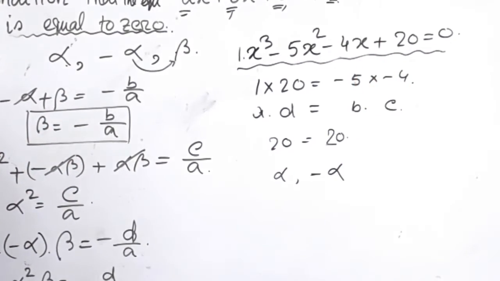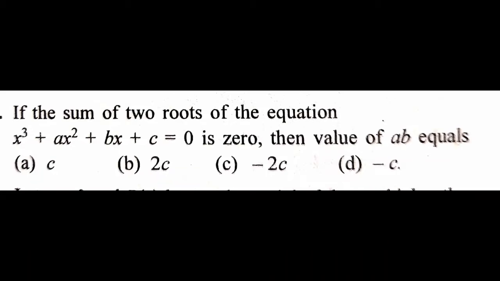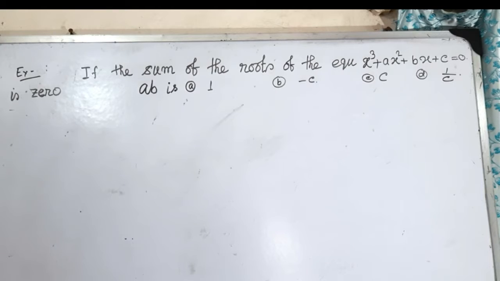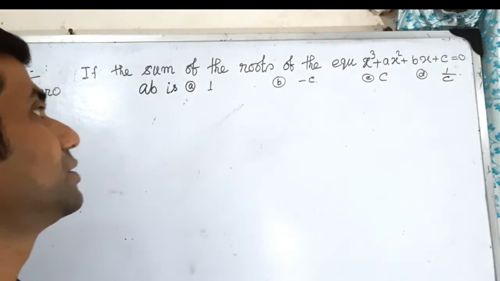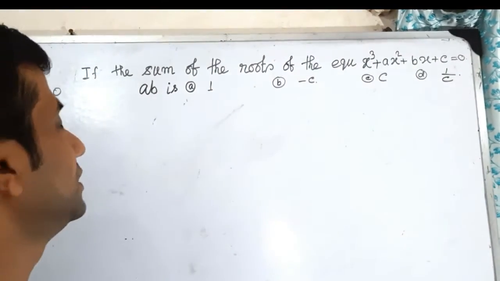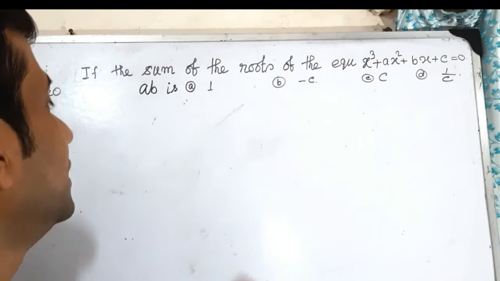Okay, now the next problem is: if the sum of the roots of the equation x cube plus ax square plus bx plus c is equal to 0 is 0, then AB is what?